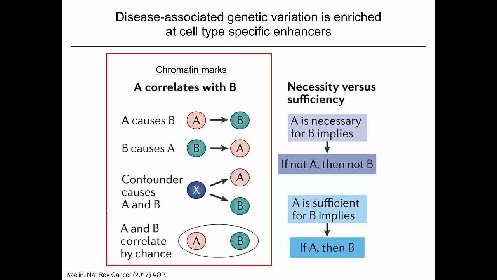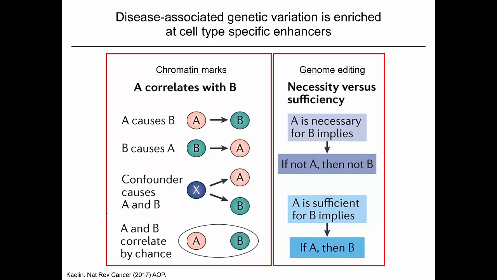And then if one wants to move to questions of necessity or sufficiency, one needs to use different experimental methods, and genome editing can be incredibly useful here to ask the necessity for sequences for a given function or the sufficiency of those sequences for a function.